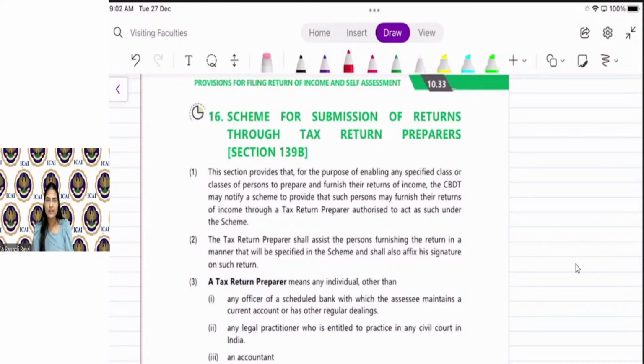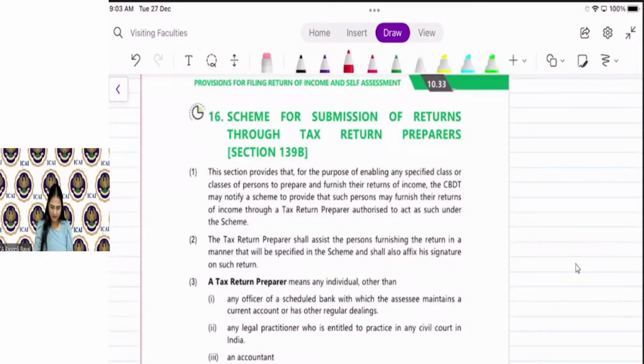This section is provided for the purpose of enabling any specified class or classes of persons to prepare and furnish the return of income. The CBDT may notify a scheme. Generally, a person will visit a chartered accountant for filing a return of income, but there are tax return preparers who help you to file your return of income.